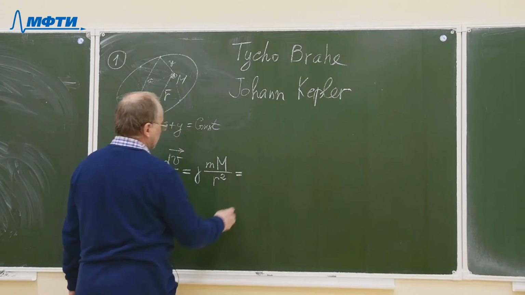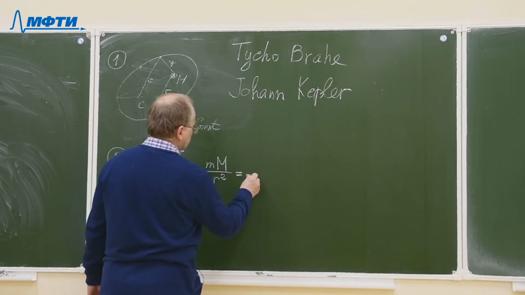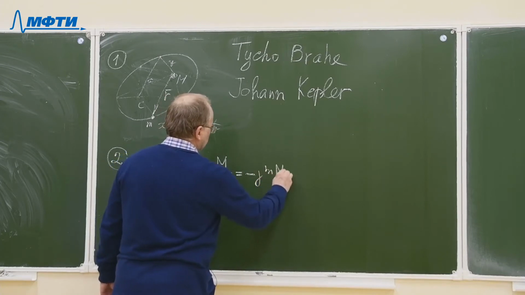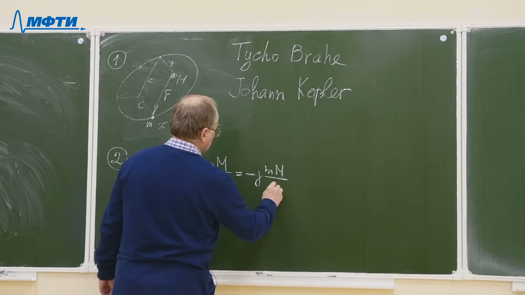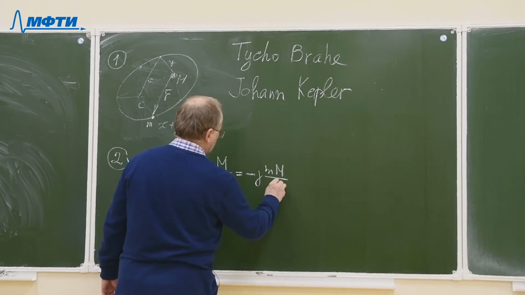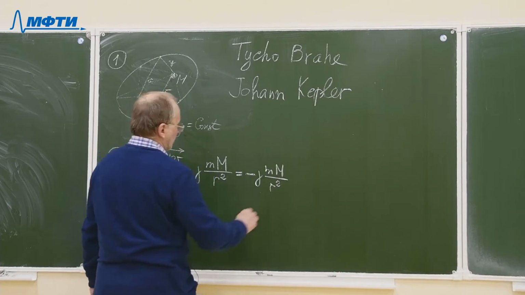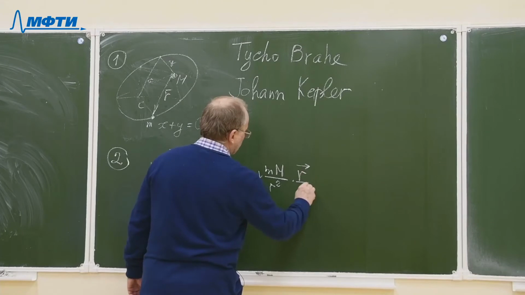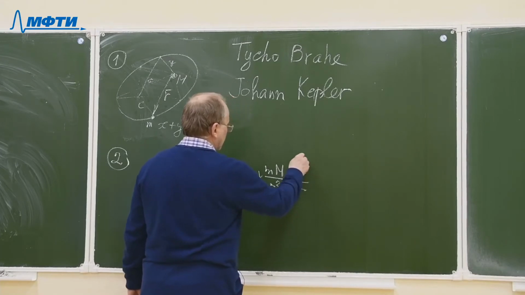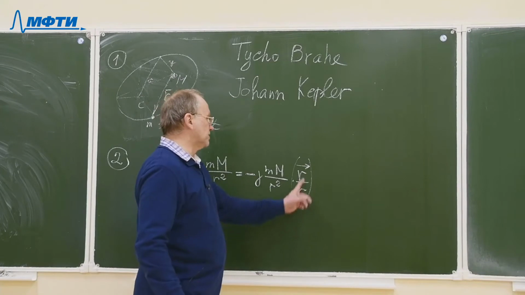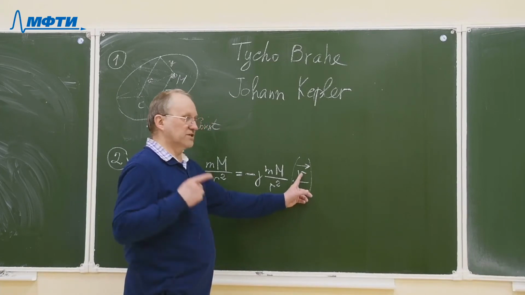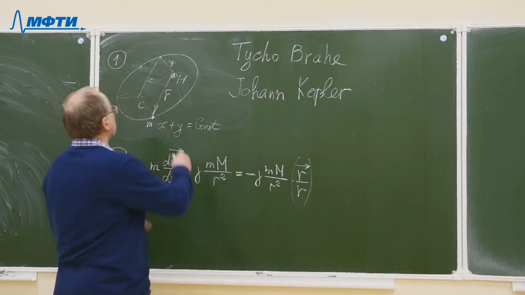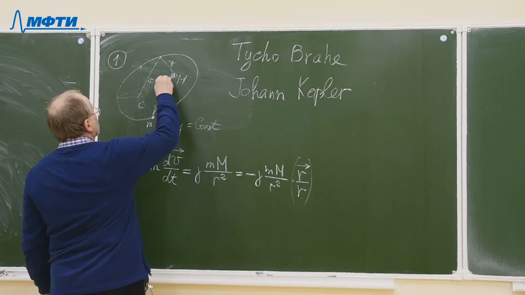And this can be written as minus gamma small m capital M divided by R squared, and here I will put vector R divided by the length of vector R. So this is the unit vector, which can be denoted by E.